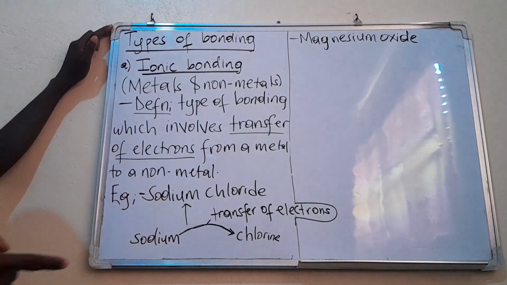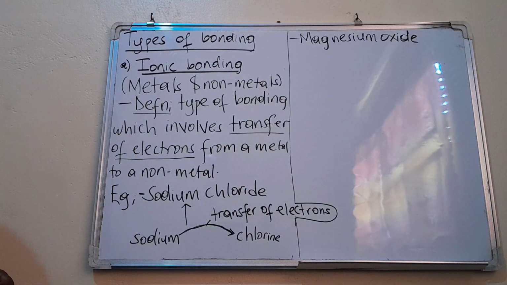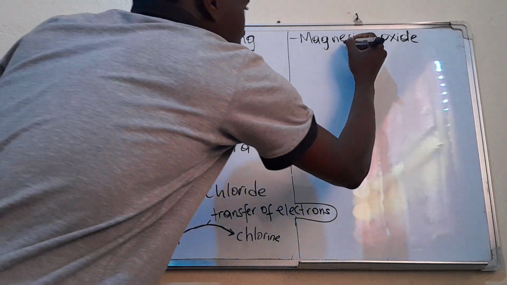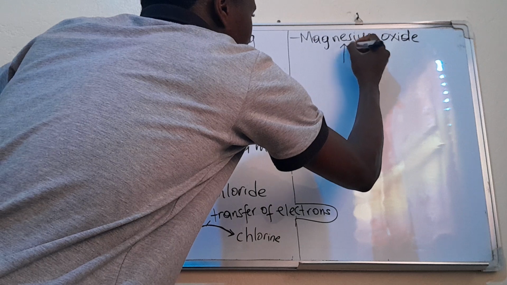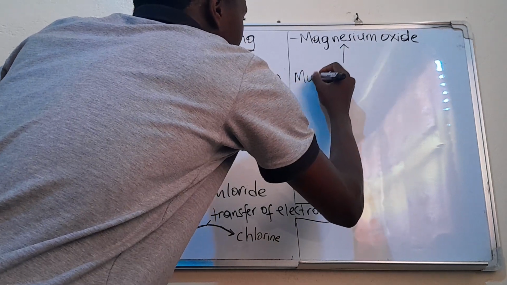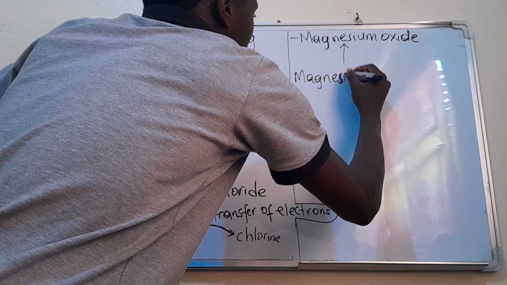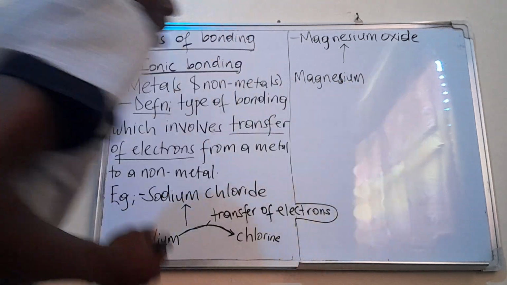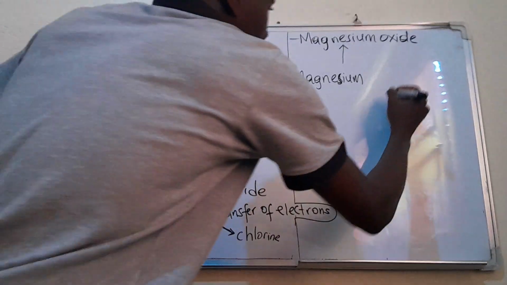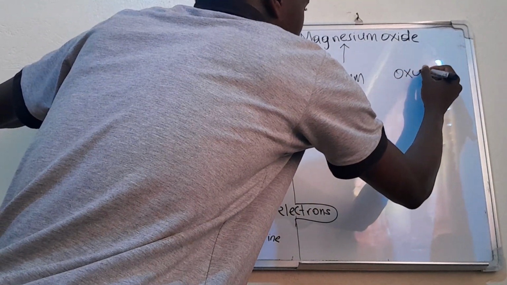Magnesium oxide is also an ionic compound because within this we have our metal, magnesium, and a non-metal, oxygen.